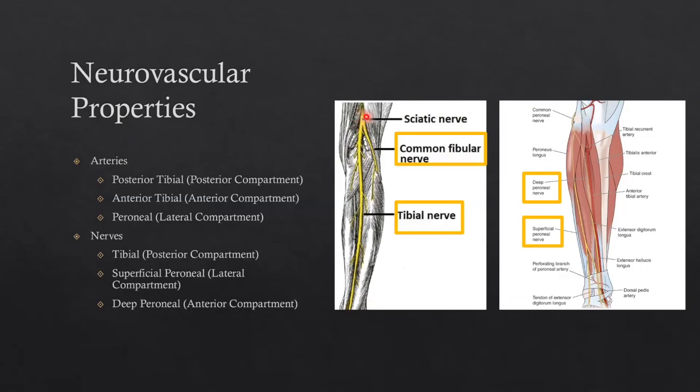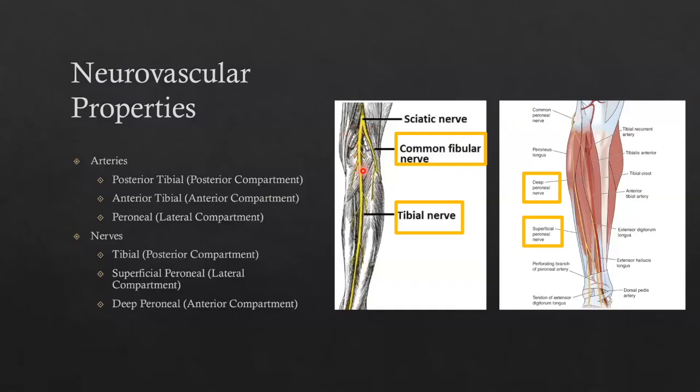The sciatic nerve is essentially the combination of the common fibular or common peroneal nerve and the tibial nerve. Eventually, there will be a bifurcation point usually right above the knee joint. However, the specific bifurcation point may vary amongst individuals, but it's usually around the proximal knee joint, maybe a little higher on that posterior side.